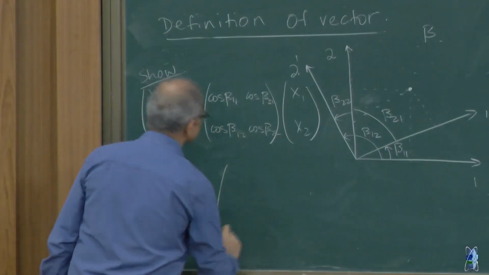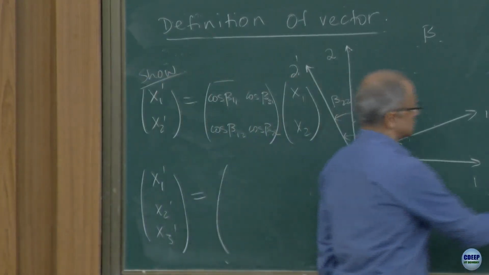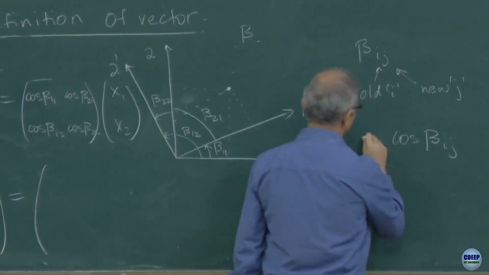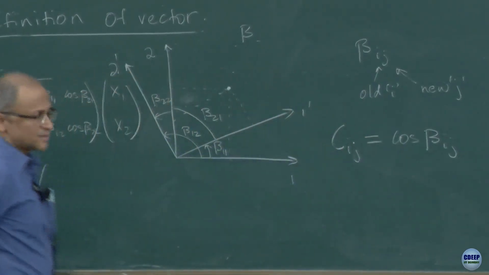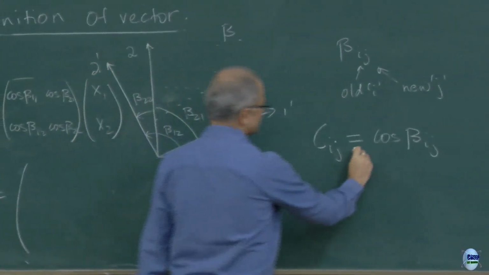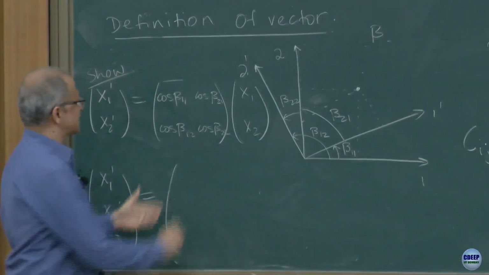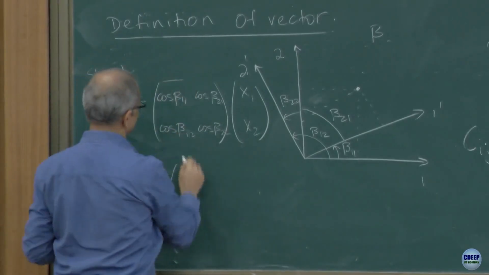We are now going to use a shorthand. We know that cosines are involved, so instead of writing cos beta ij, I will write it simply as Cij. It's just a shorthand I'm going to use. So if I write it out in 2D, this is cos 1.